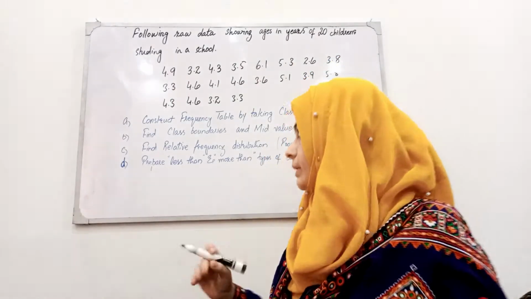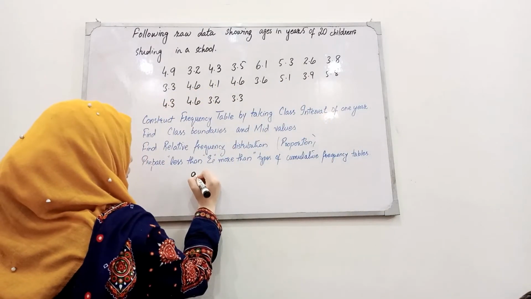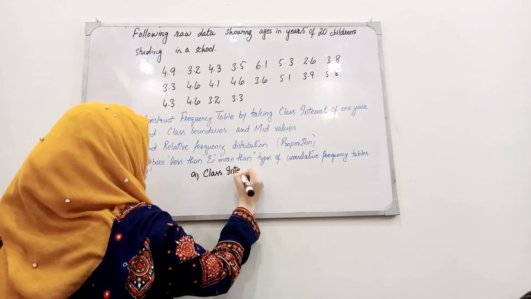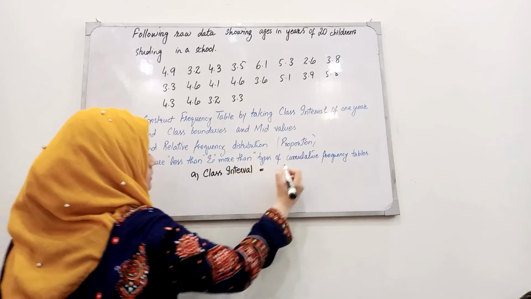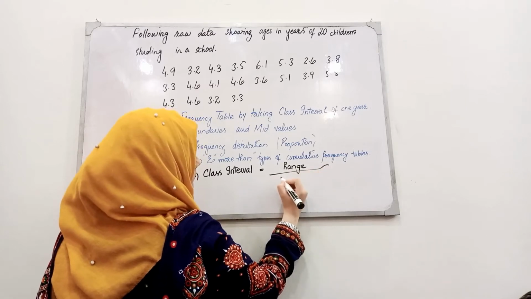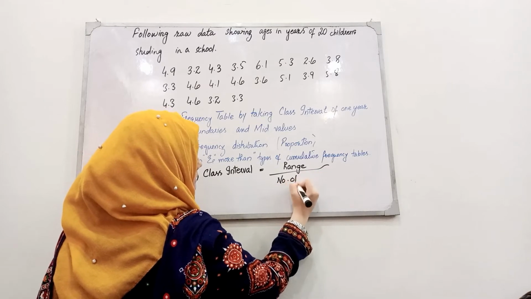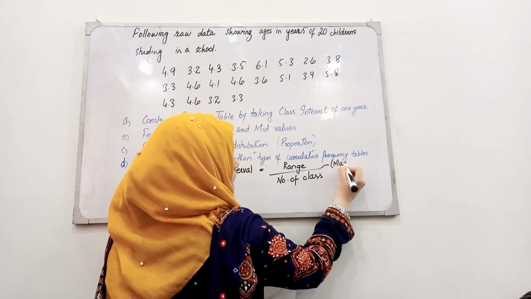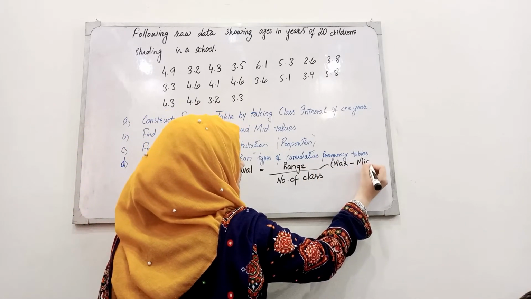So first, I am going to calculate the class interval by range divided by number of classes. And what is range? Maximum value minus the minimum value.